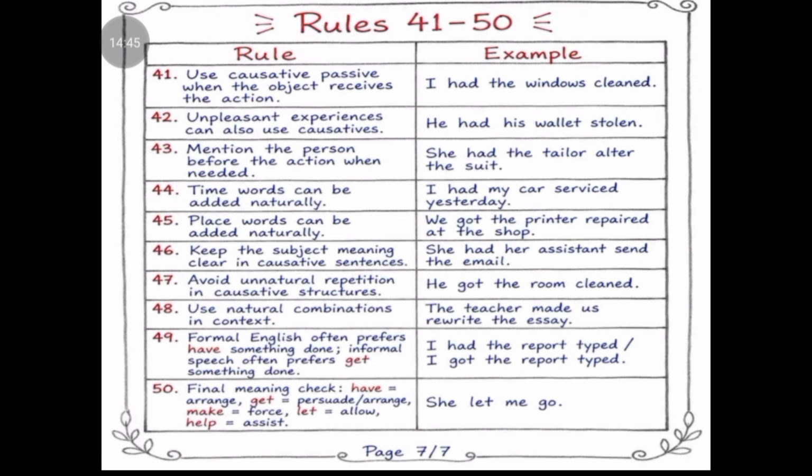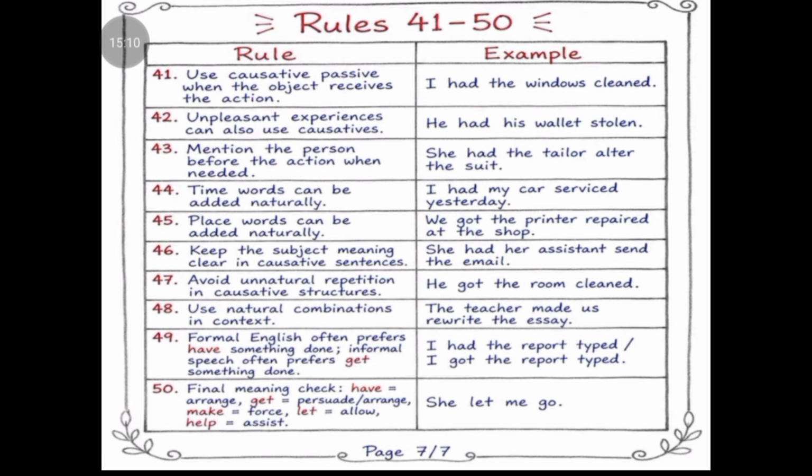So the shop is the place. Still you're bringing the causative verb there, got. 46. Keep the subject meaning clear in causative sentences. So the subject should be clear. For example, you can say she had her assistant send the mail.